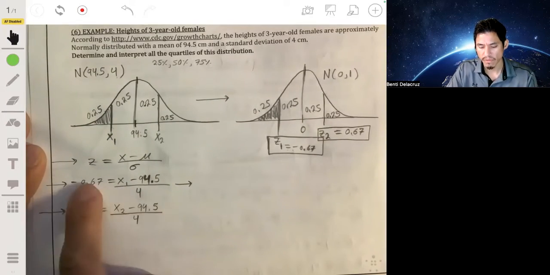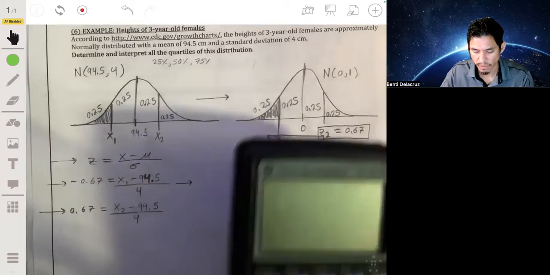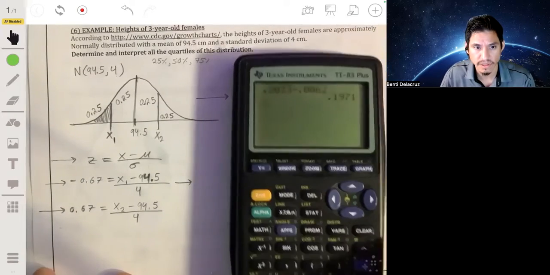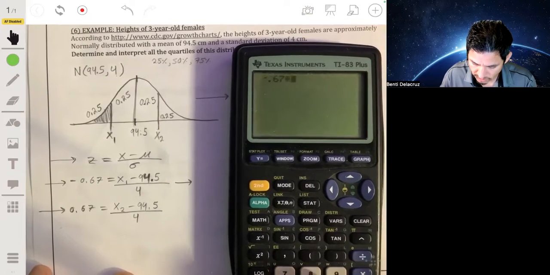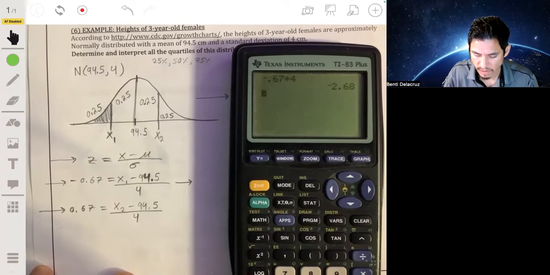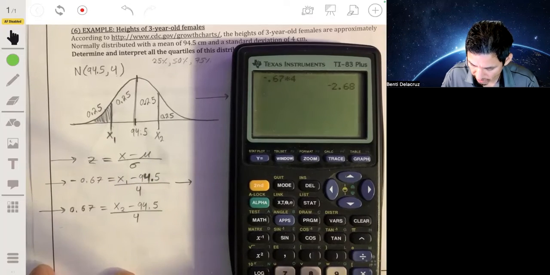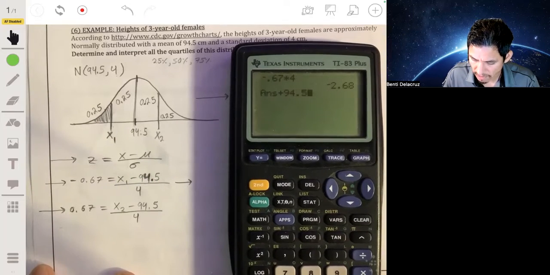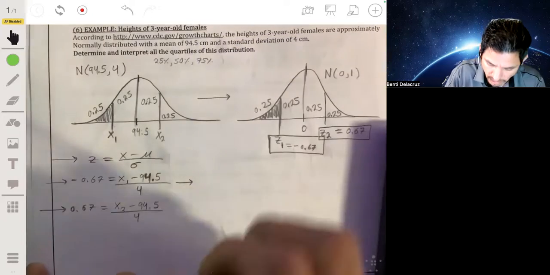So algebra: multiply both sides by 4, then add 94.5. Let's do it all in one shot. Negative 0.67 times 4, and then we're going to add 94.5, and we get an X1 value of 91.82.